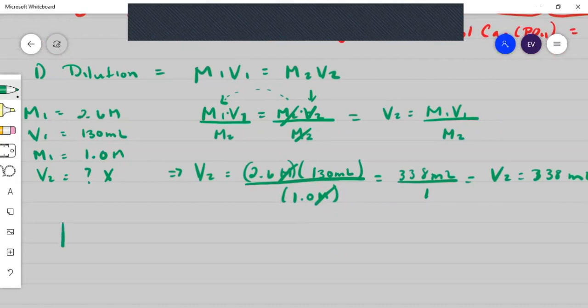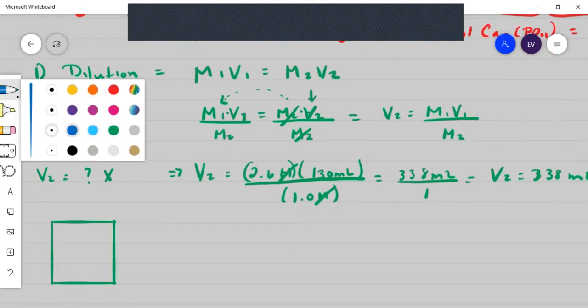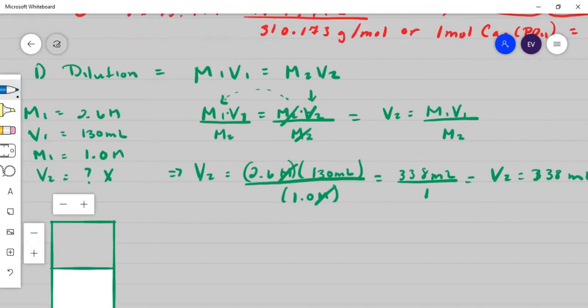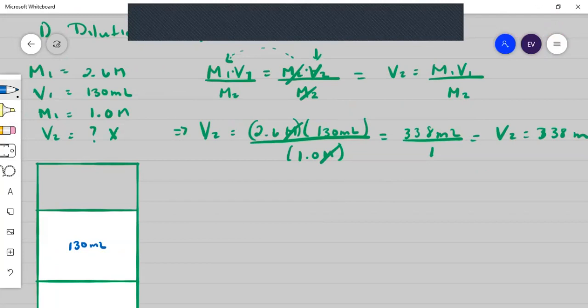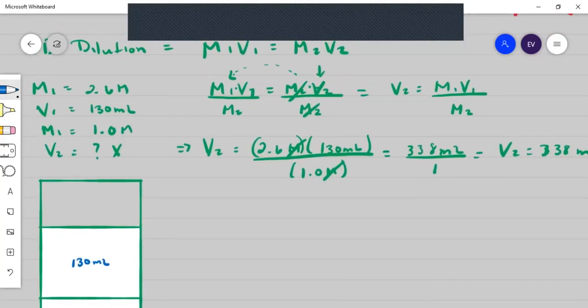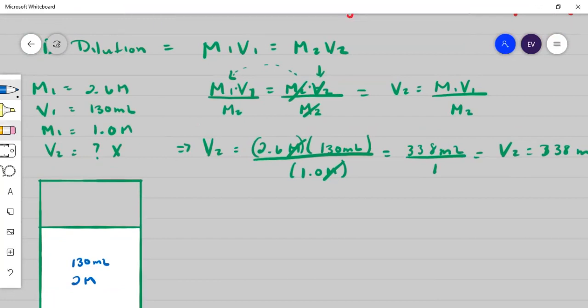So if I have a vessel, and this is what you would write in complete sentences, to dilute this solution, I have 130 mLs of the original solution at 2.6 molar. Let me erase that.